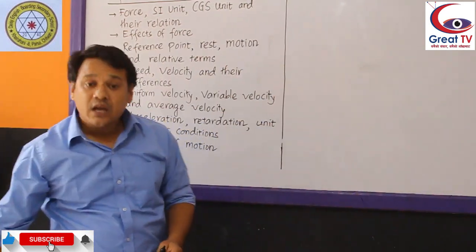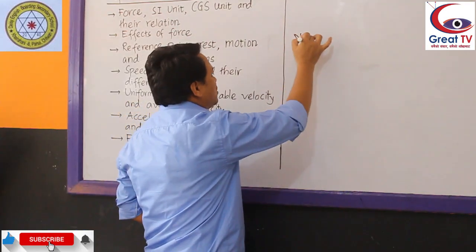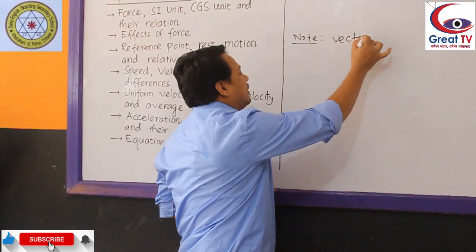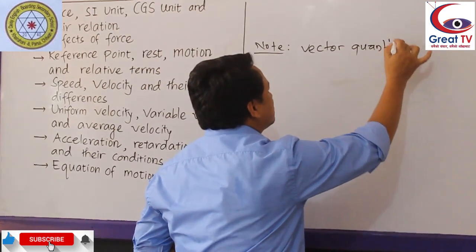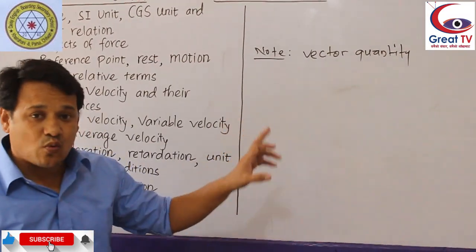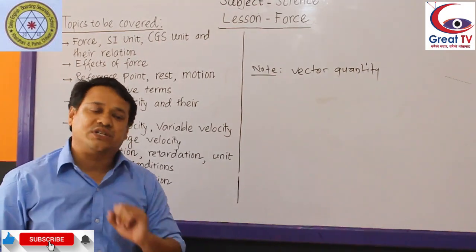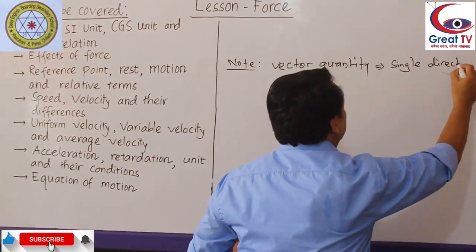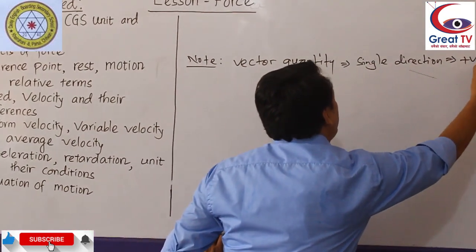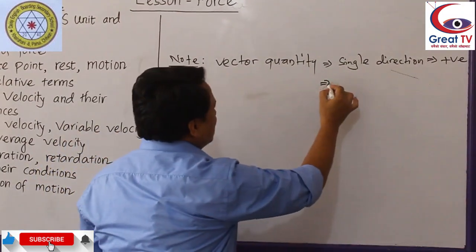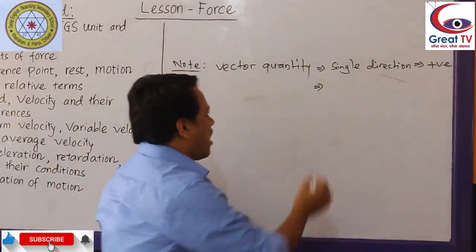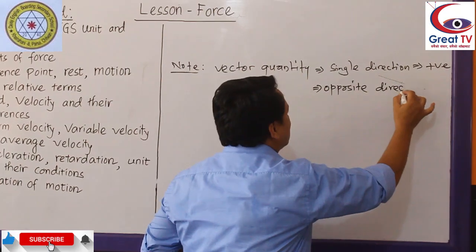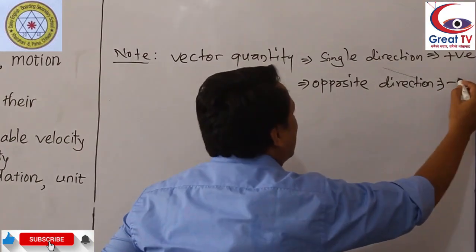Remember one thing as a note: if the quantity is a vector quantity, in a single direction its magnitude will be positive. If the direction is just opposite, the magnitude will be negative.